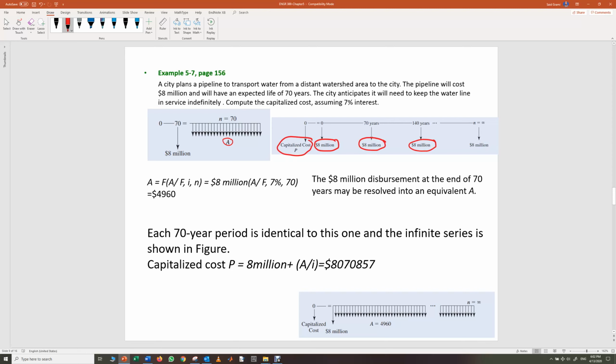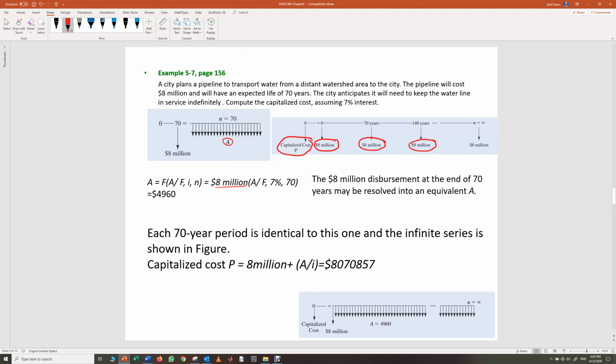So A is F, the future value, 8 million, multiplied by the factor looking for A given F, i% and n periods. So it will be 8 million, which is the future value, the amount that I am going to use to pay for the pipeline every 70 years.